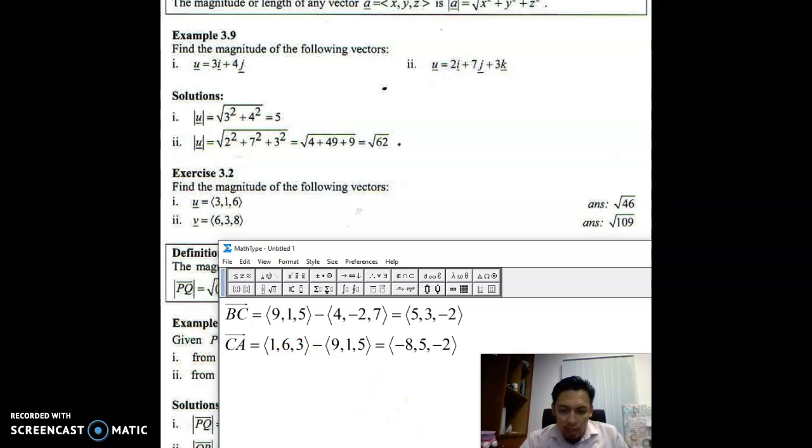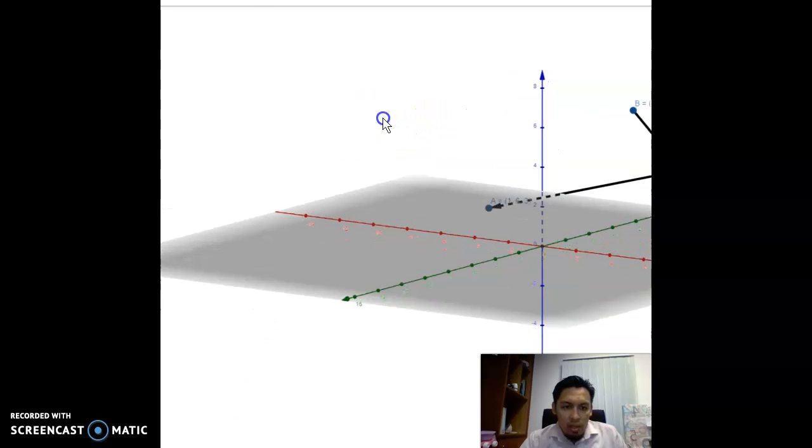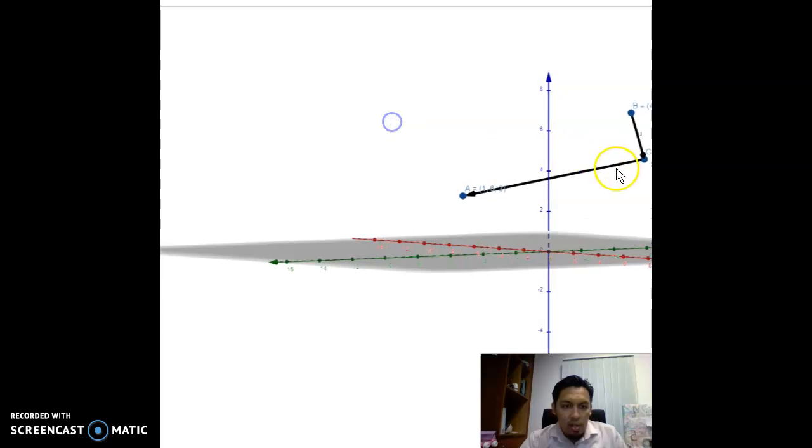Let's look at CA here. We know that graphically this is how CA looks like. This is its length, right? C to A. But finding its magnitude actually means finding its length. How long is this line?